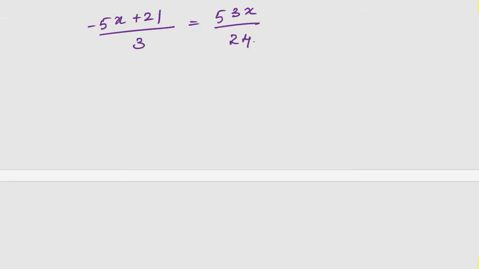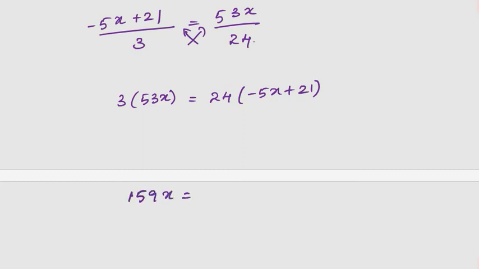So we'll cross multiply, 3 into 53x is equal to 24 into minus 5x plus 21. So when we multiply this we'll be left with 159x is equal to minus 120x plus 504.